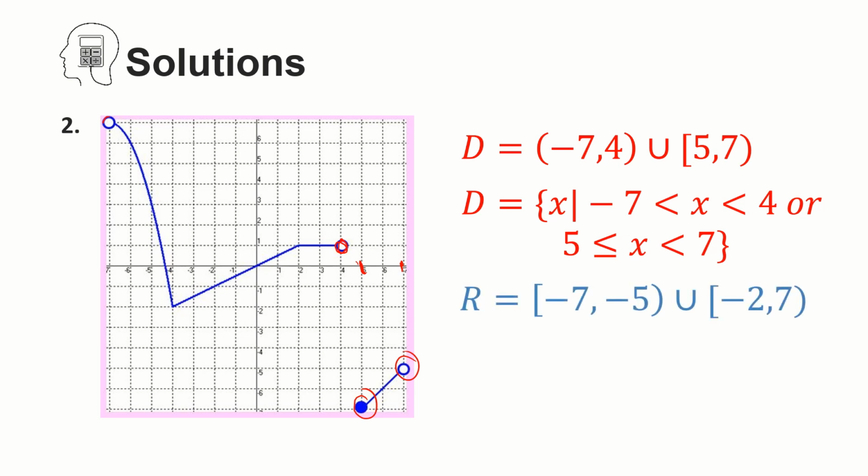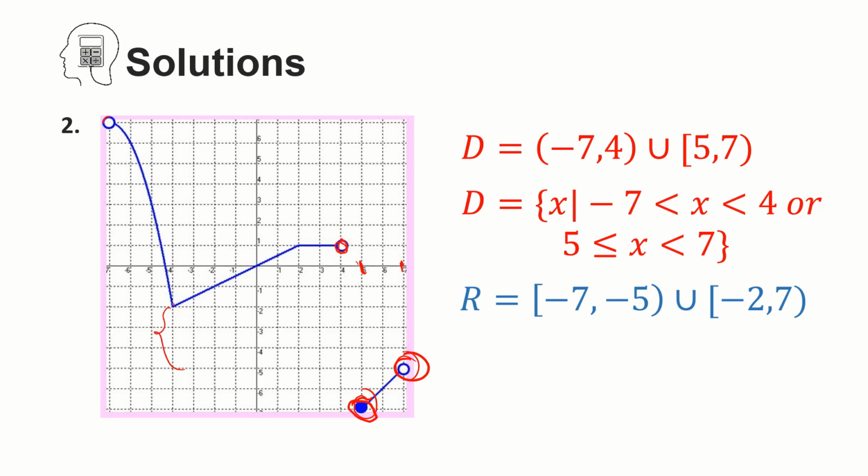For the range of our piecewise function, we started from negative 7, where negative 7 is included, to negative 5, where negative 5 is not included. Union, since we have a gap here, we need to create a union.